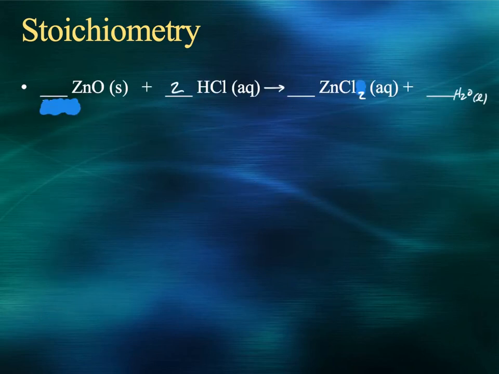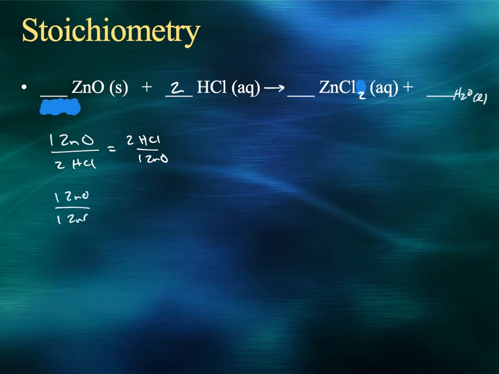So to write the ratios for this, we'll need to use the 1 zinc oxide for every 2 HCl, or every 2 HCl is 1 zinc oxide. 1 zinc oxide for every 1 zinc chloride is equal to 1 zinc chloride for every 1 zinc oxide. And we'll keep going here.